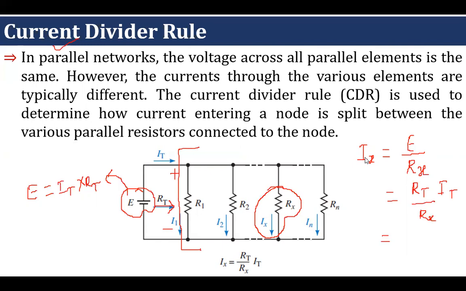So this is equal to the total resistance in the parallel connected resistor system upon the resistor through which we wish to calculate current, and then multiplied with the total current in the network.